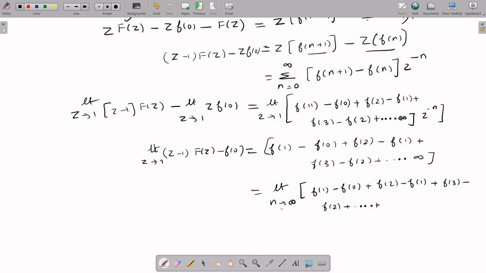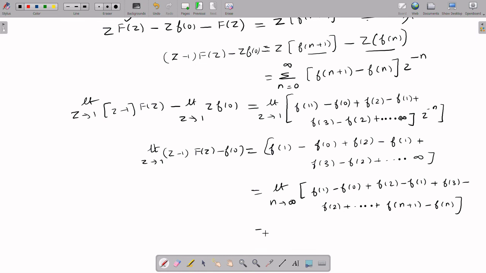We make it finite here. So here f of n plus 1 minus f of n is as it is, because n tending to infinity, both the terms arise.